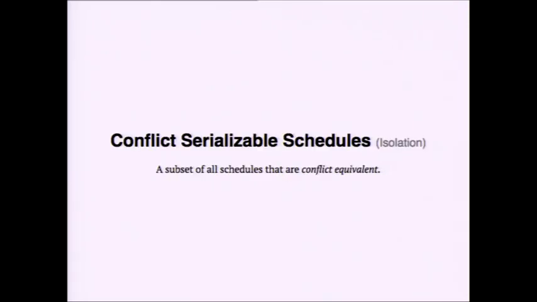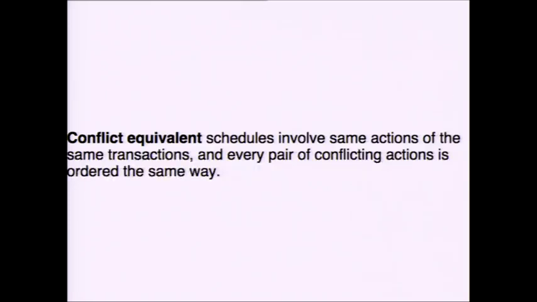Conflict serializable schedules enforce isolation, and they're a subset of all schedules. A conflict serializable schedule is a schedule that is conflict equivalent to a serial schedule. A serial schedule is just a schedule in which you do T1, then T2, then T3, some sequence of transactions. What conflict equivalence means is that if they have the same actions of the same transactions, the conflicts occur in the same order, right?